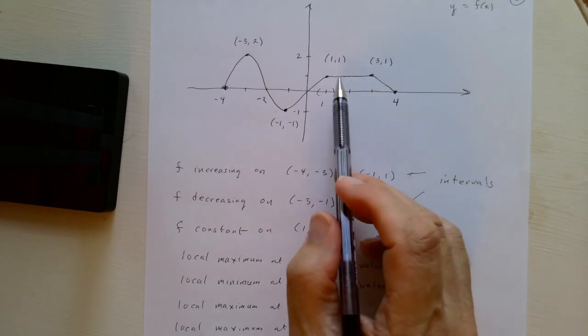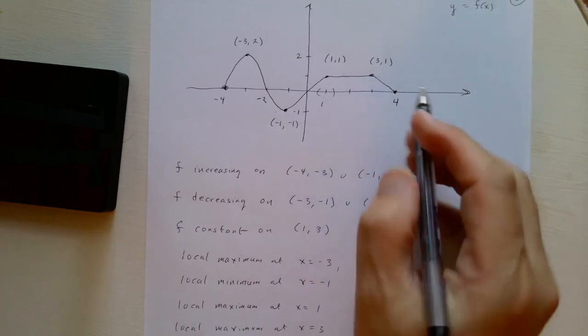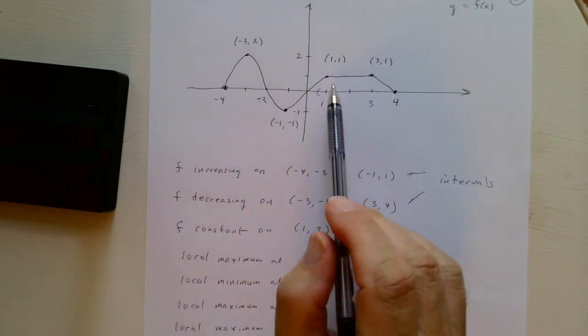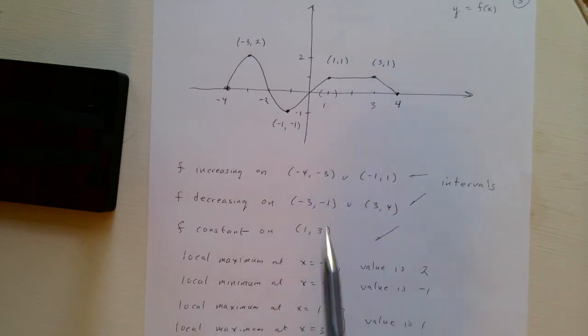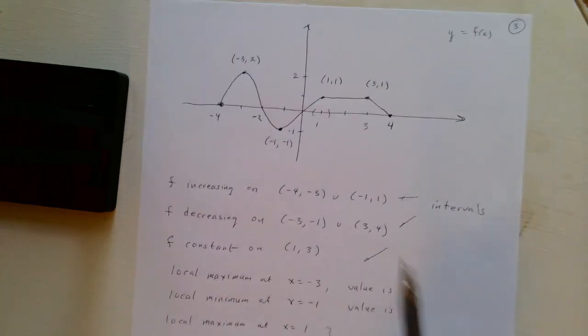We could really say that there's a maximum at any number between 1 and 3 right here. And of course the value of this would be equal to 1. But normally we won't see this too often. These last two cases are sort of degenerate cases, and so we would just leave it like that.